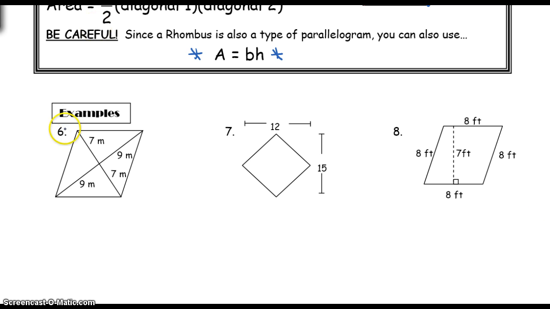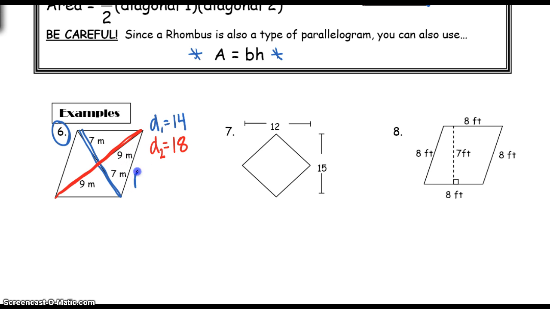Number 6. All right, so definitely looks like we have some information for the diagonals. First we have this. So diagonal 1 is going to be 7 plus 7, which is 14. And then we have this diagonal right here. I'll highlight it in red. This diagonal here would be 9 plus 9, which is 18.